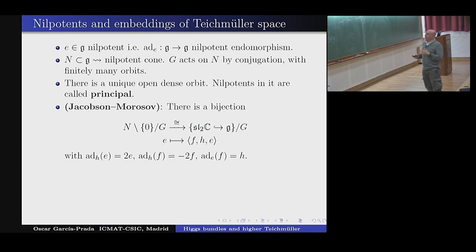If you start with a nilpotent element E, you can complete it to a triple, where F is another nilpotent and H is something semisimple, and this spans an SL2 that is embedded in G. So having conjugacy classes of nilpotents is the same as conjugacy classes of SL2s in the Lie algebra.